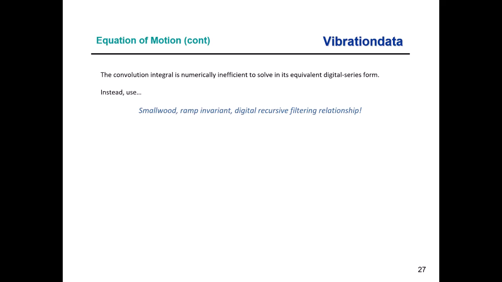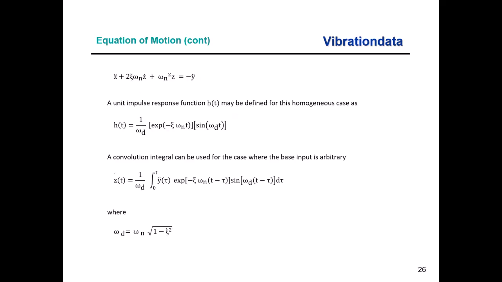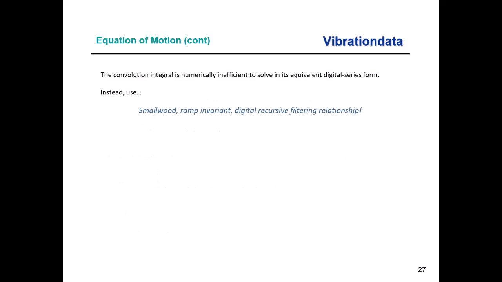They don't work well for stiff systems, which we have in vibration analysis. So this is a numerical method. It's a very accurate one, by the way. Effectively, we're going to take this convolution integral and represent it in a series format because we're going to have digital data, and then we're going to apply our Smallwood algorithm.